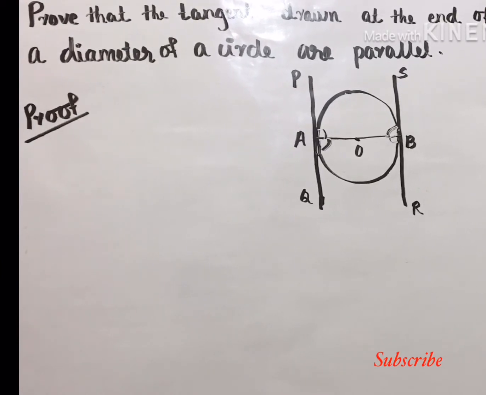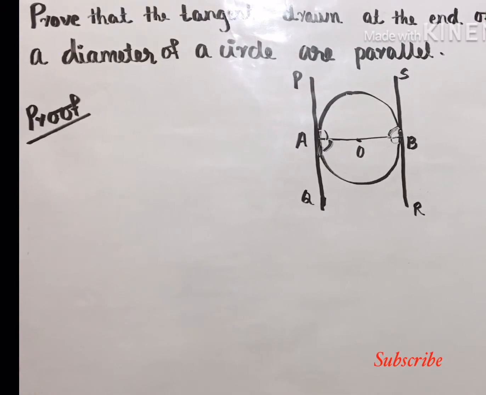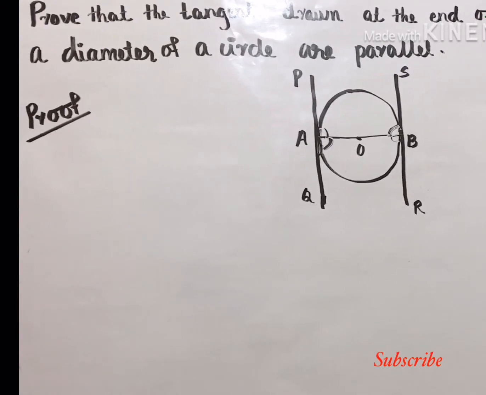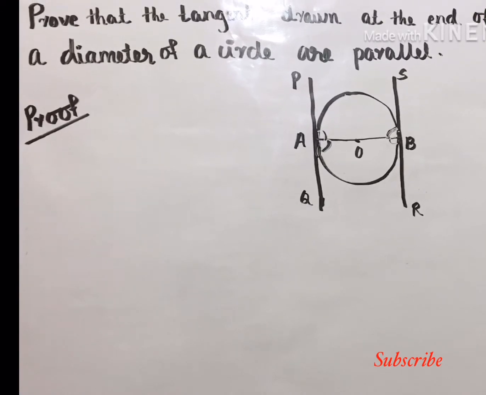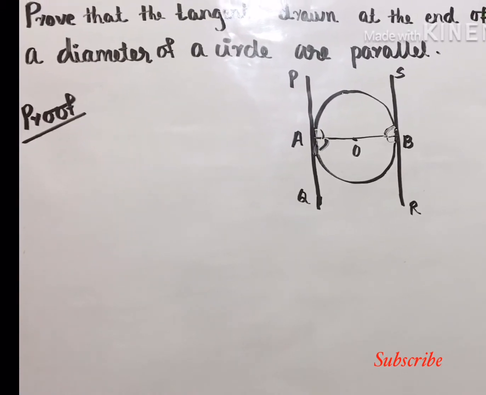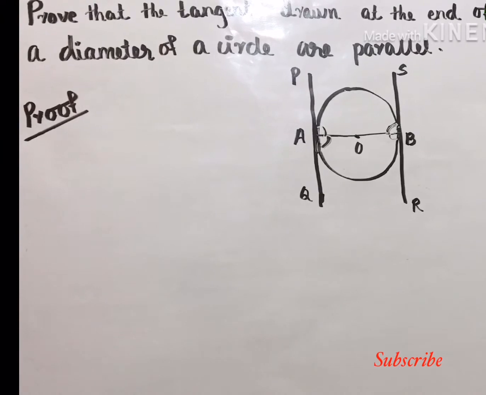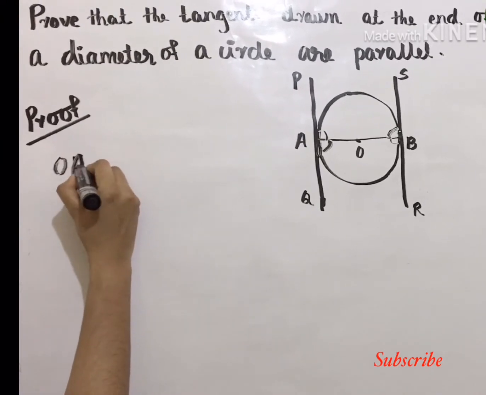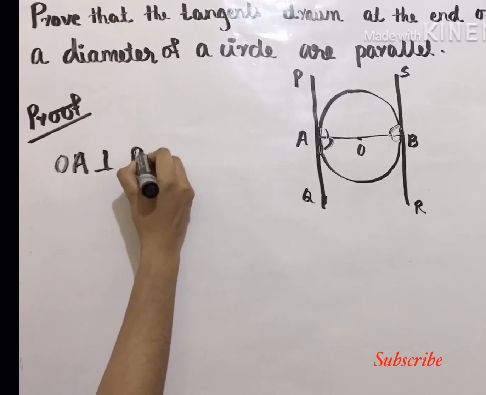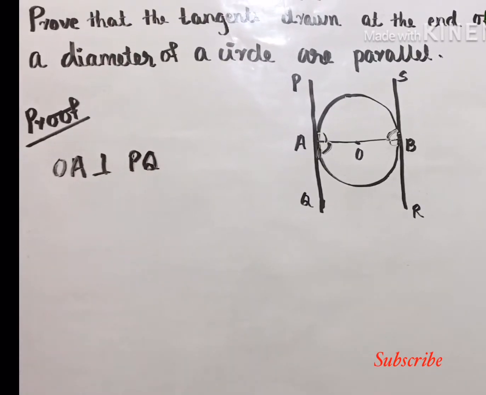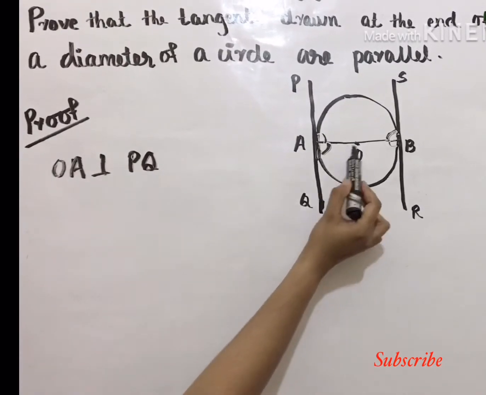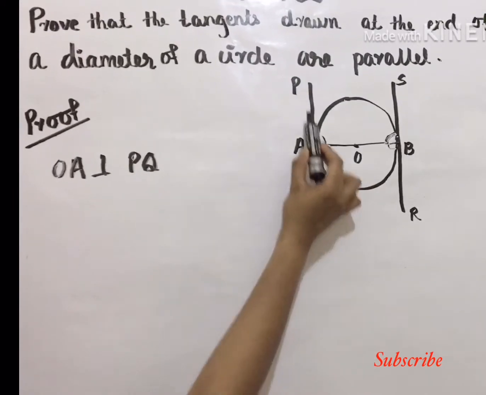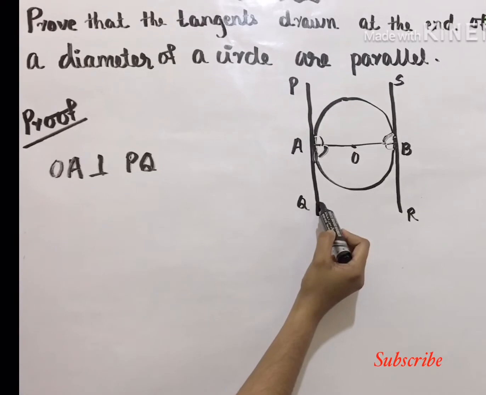Here OA is the radius that touches the tangent PQ, and OB is the radius corresponding to the tangent SR. So we can write OA is perpendicular to PQ, since the line drawn from the center of the circle to the tangent is perpendicular to that tangent.